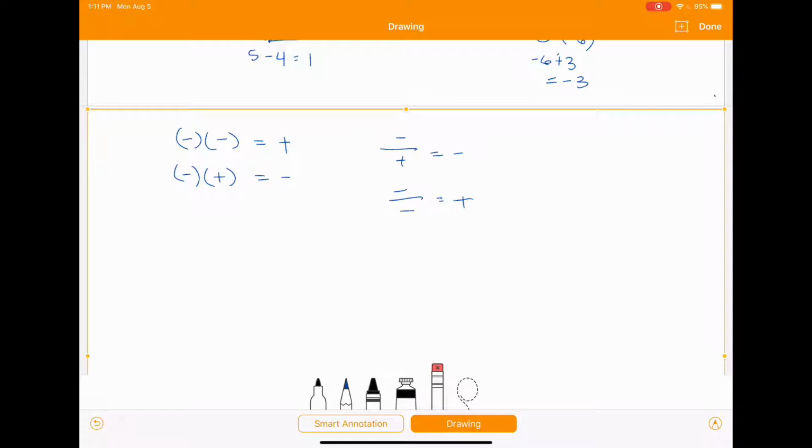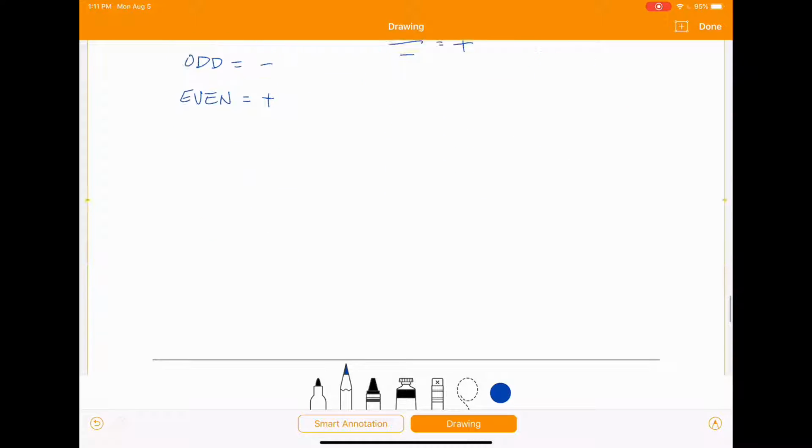And then this could be reversed as well, and it would still be negative, so you could have a positive over a negative, and it's going to be negative. So again, if you have an odd number of negatives, it's going to be negative. If you have an even number of negatives, you're going to end up with a positive expression.